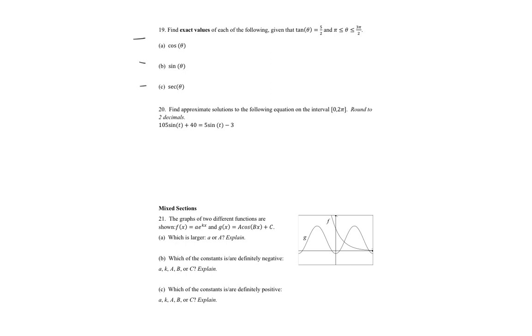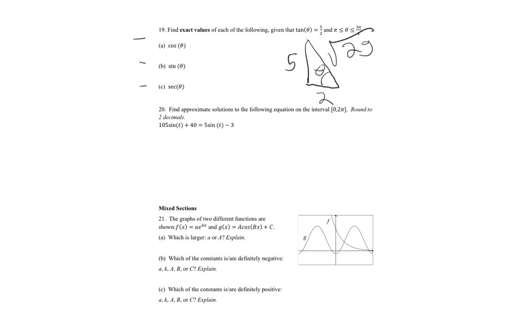The other thing we want to do is draw a triangle. Here's our right triangle. This is theta. Tan theta is opposite over adjacent, so 5 over 2. And by the Pythagorean theorem, the hypotenuse has to be the square root of 5 squared plus 2 squared, which is root 29.